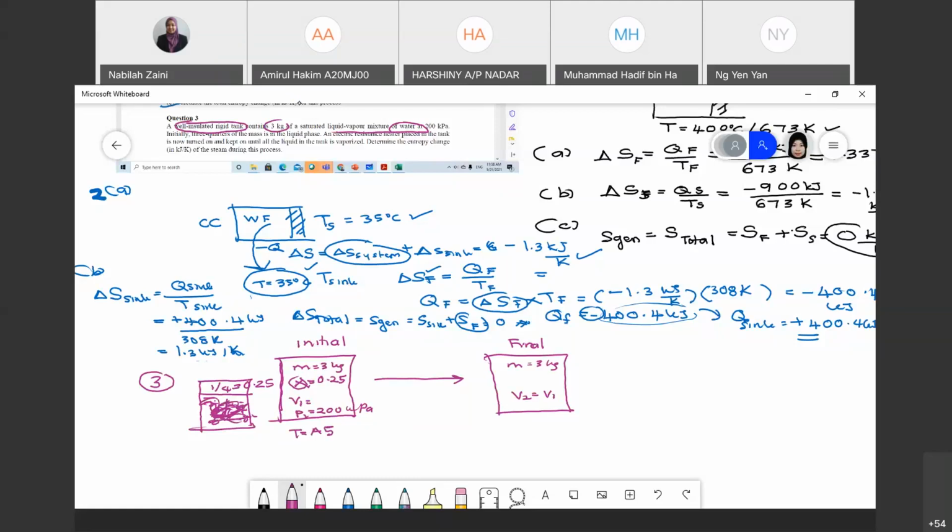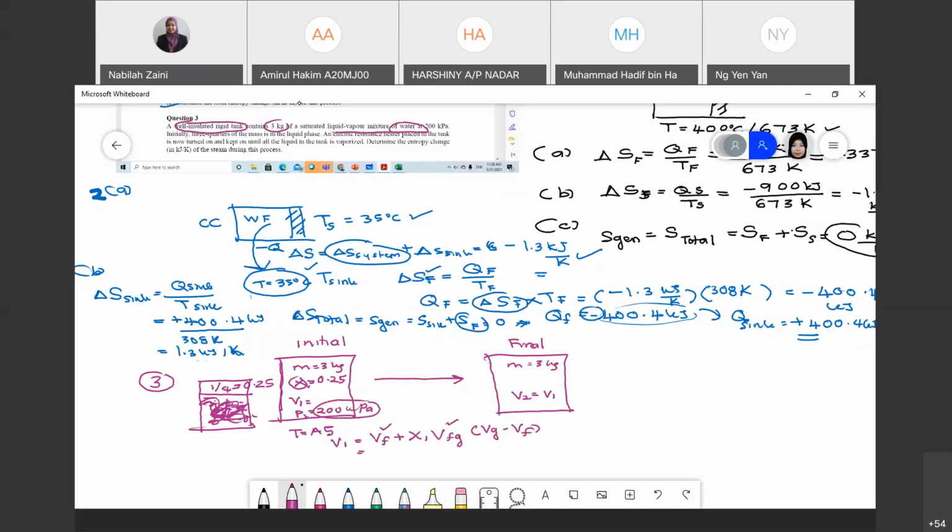You need to find V1 from this equation: V1 equals V_f plus X1 times V_fg. From table A5 at 200 kilopascal, you get the first column, which is V_f, and then V_fg, which is V_g minus V_f.